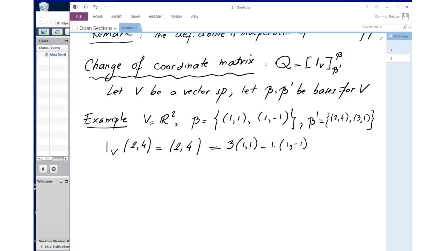And if I do the other one, the identity applied to the second vector in beta prime gives me 3, 1 again. And 3, 1 as a combination of the vectors in beta is 2 and 1.